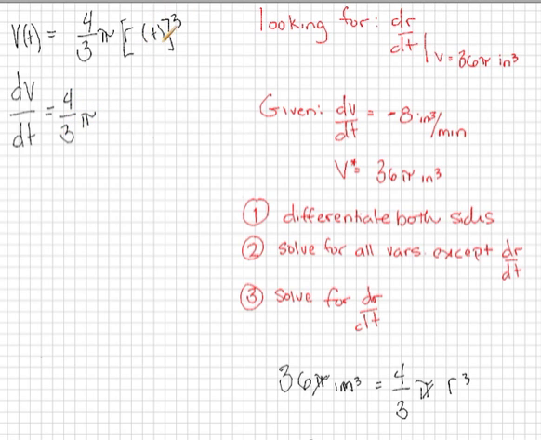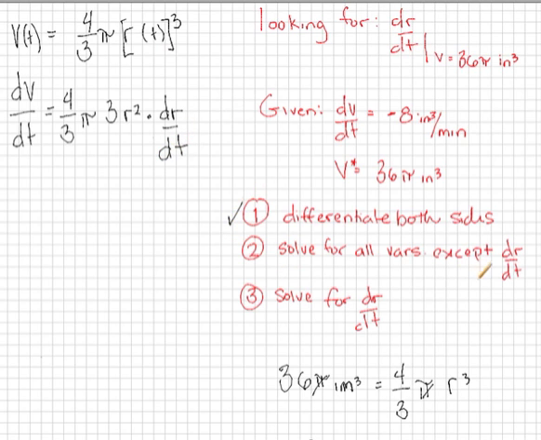And since r of t is a function of t, but we have this cubed on the outside too, we're going to use the chain rule. So using our exponent rule, we can bring the exponent down and reduce it by 1. So we're going to have 3r squared, multiplying that by the derivative of the inside, and the derivative of r of t is just dr/dt.